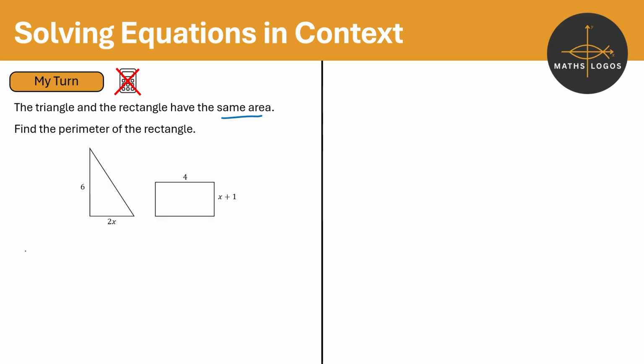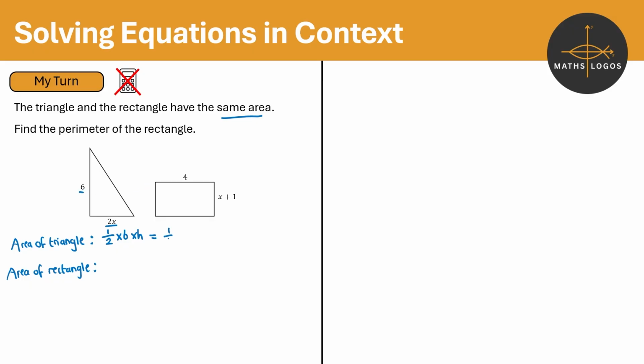So I want to start by looking at the area of the rectangle and the area of the triangle. So let's look at the area of the triangle, and we'll look at the area of the rectangle. The area of a triangle is a half multiplied by the base multiplied by the height. In this case, the base is 2x and the height is 6.